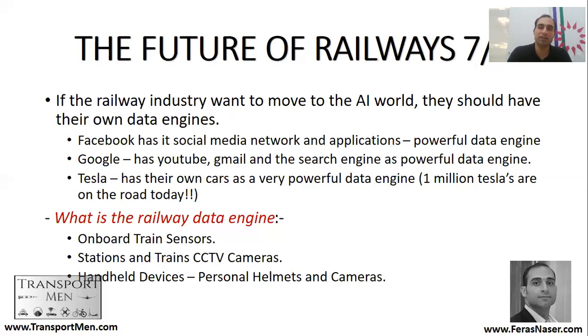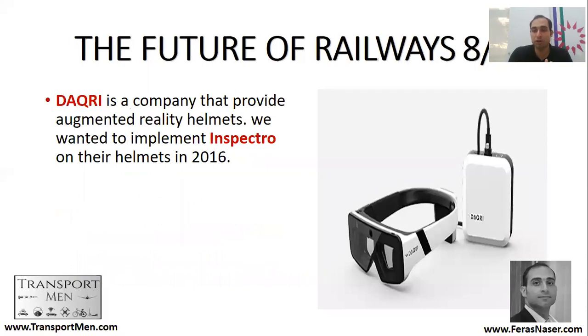But what I know for sure is that there is a need for a more generic kind of image detection within the railway context in order to help improve the algorithm models and so on. And this can happen through a handheld device, but also through even more advanced ways, through this helmet. There is a company called ICRI, and we talked with them around 2006, and we told them maybe we can apply inspection on their helmet.